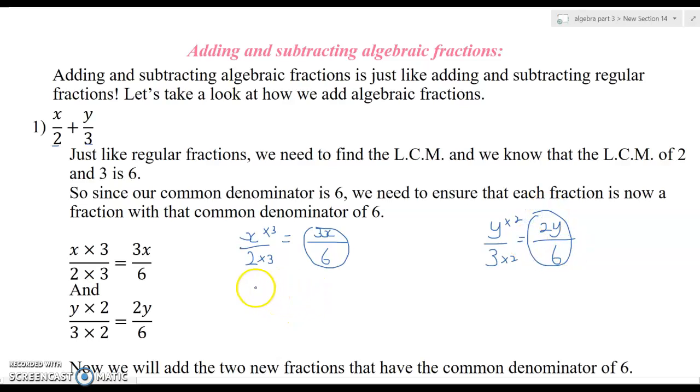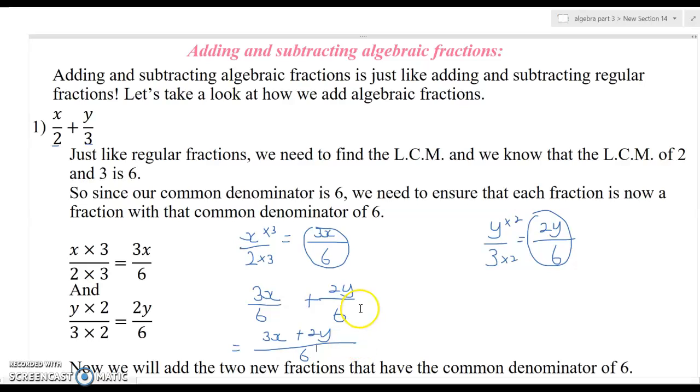So now we're just going to add them, right? 3x over 6 plus 2y over 6, and that's my new denominator. Just adding numerators, 3x plus 2y. And we're leaving the answer just like this, because remember, when we did simplifying algebraic expressions, you can't simplify 3x plus 2y further because x and y are two completely different letters.